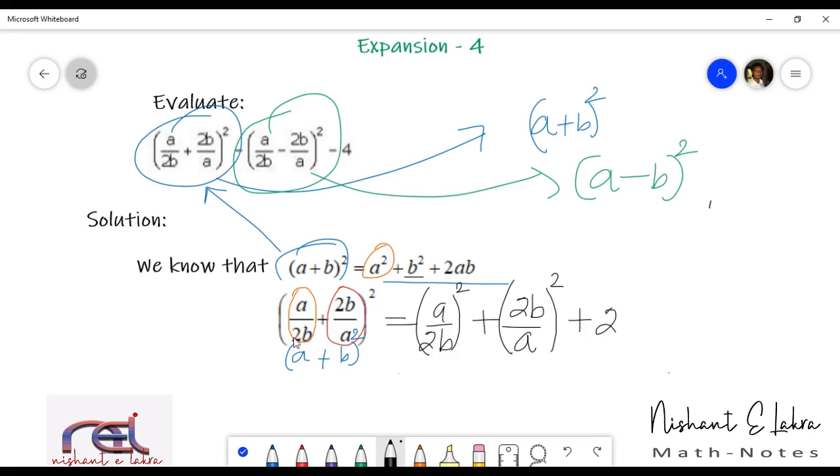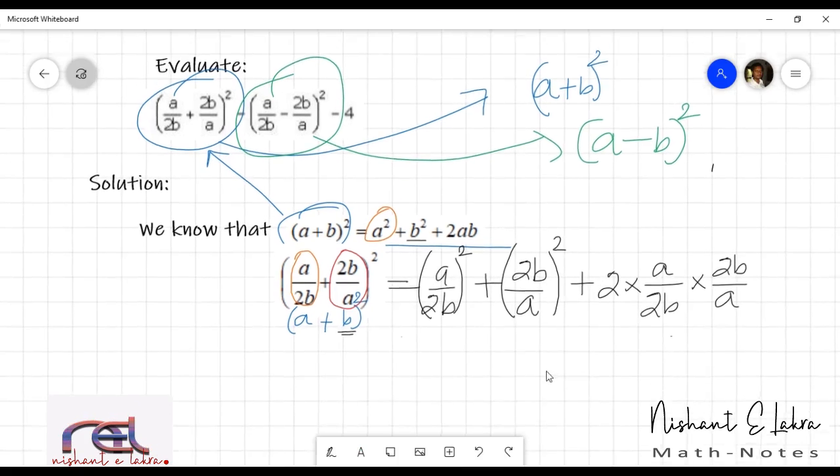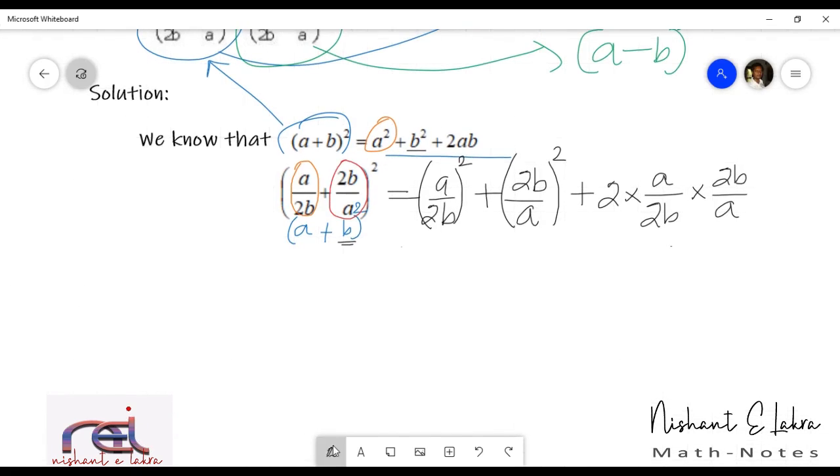So we have to multiply 2 into a into b, that is 2 into a/2b into 2b/a. That is what we will be writing in place of 2ab. So we have solved the first part of the equation, but not completely. We will solve it further.